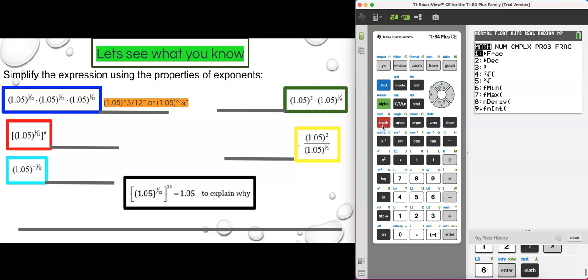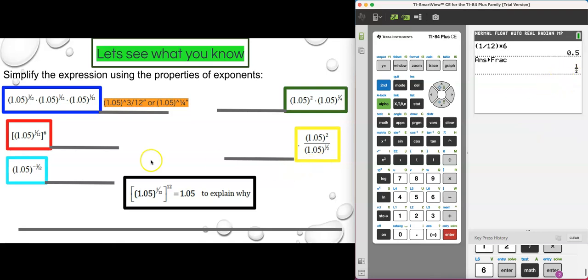Well, most of you guys already know that 0.5 is just equivalent to 1/2. But if you didn't know, you can go to math and fraction, turn that decimal into a simplified fraction, and it should give you 1/2. So you should get 1.05 to the 1/2 power. All right, looking at this one here.